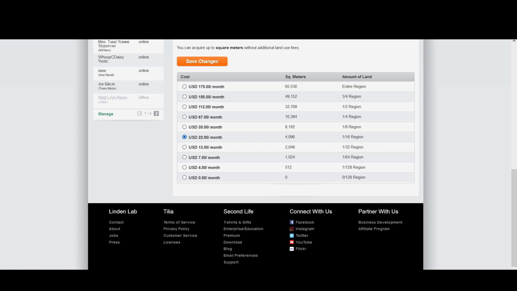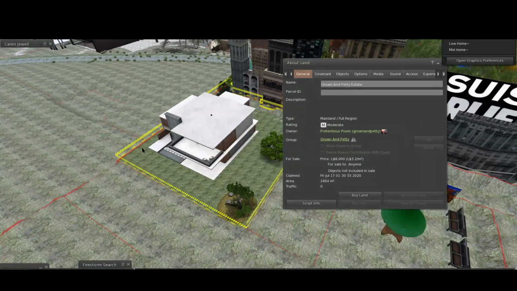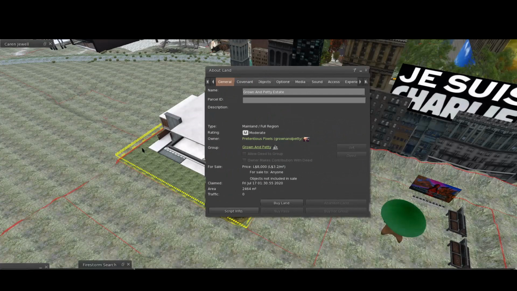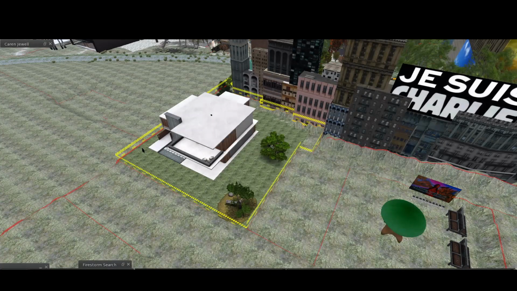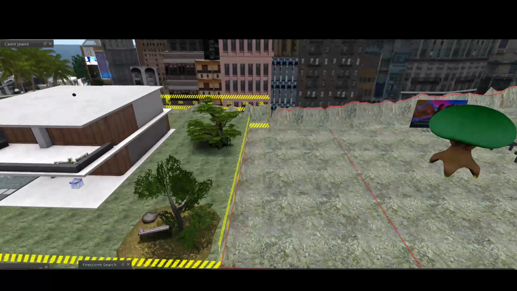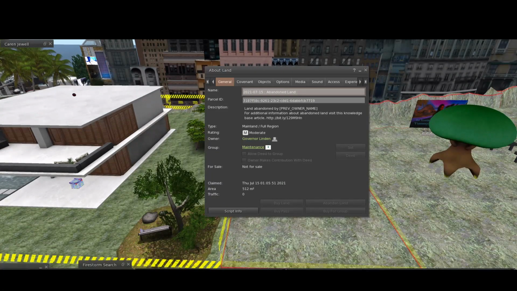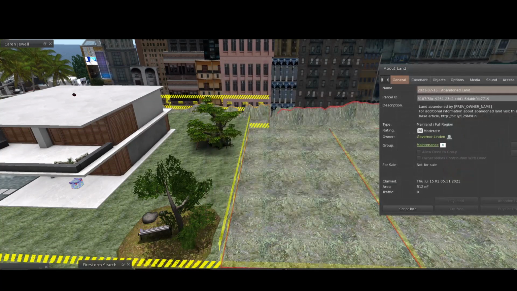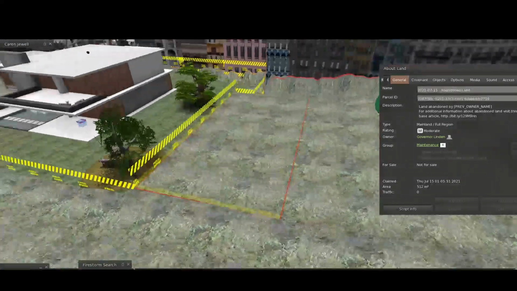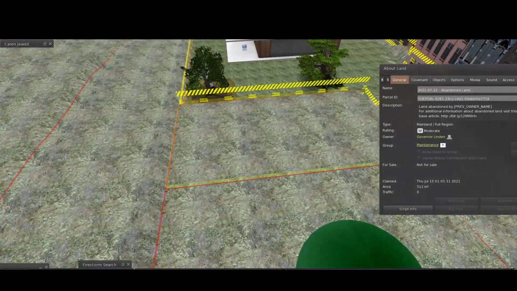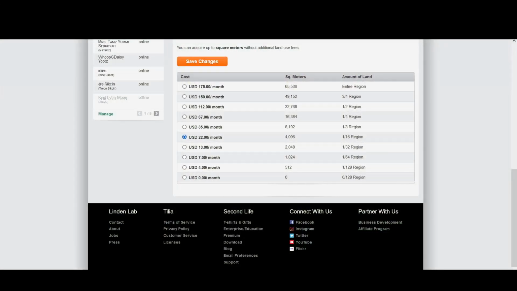So if you bought this land in particular, you'd be looking at $22 a month, in which case you'd be, quote, wasting a lot of land impact, in which case I would be looking at buying the piece of land next door to kind of even that out, to get me as close to that 4096 as I could possibly get without going over, if I were going to go for this piece of land.